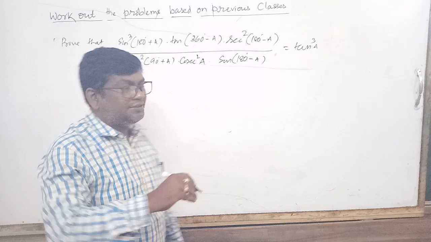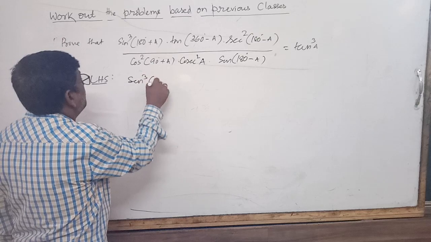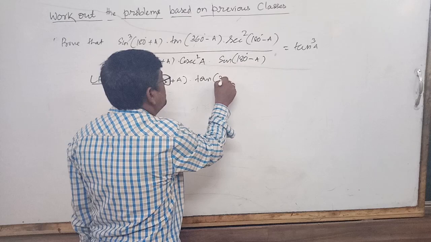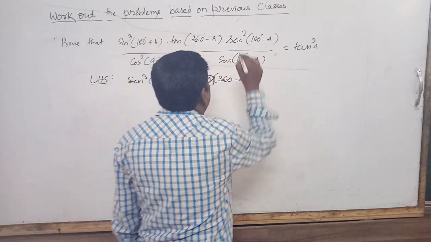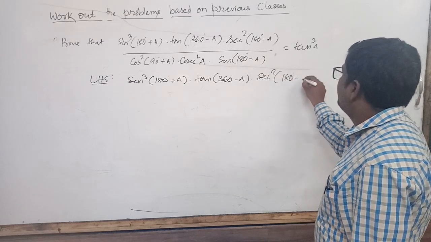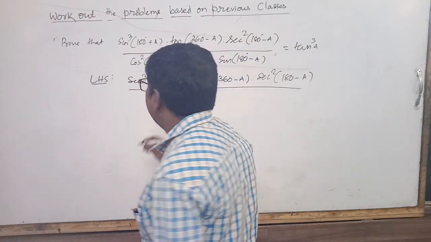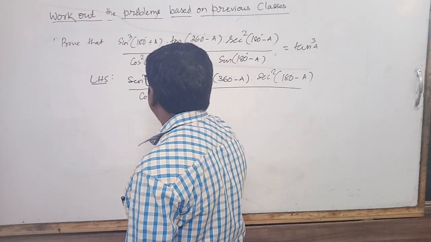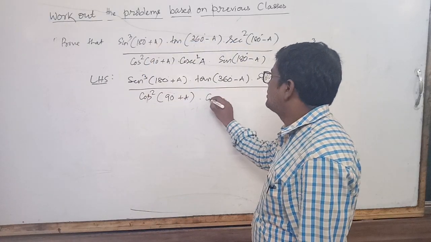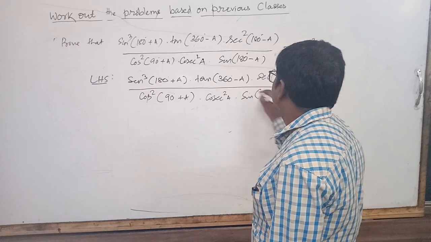Now left hand side: sin cube 180 degree plus a into tan 360 degree minus a into sec square 180 degree minus a, whole divided by cos square 90 degree plus a into cosec square a into sin 180 degree minus a.